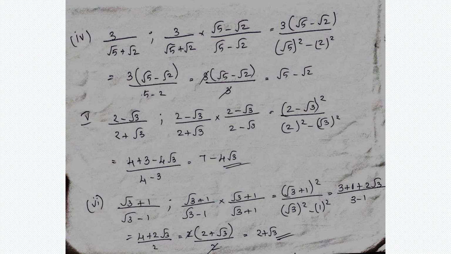Here they have given plus sign in the denominator, so we need to take the opposite sign, root 5 minus root 2. If we multiply with root 5 minus root 2, then numerator becomes 3 into root 5 minus root 2. Denominator becomes root 5 the whole square minus 2 square, because it is in the a plus b into a minus b form. So a plus b into a minus b, the answer will be a squared minus b squared.